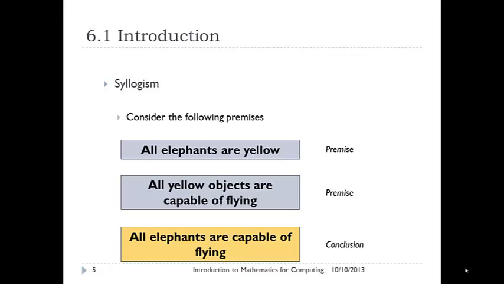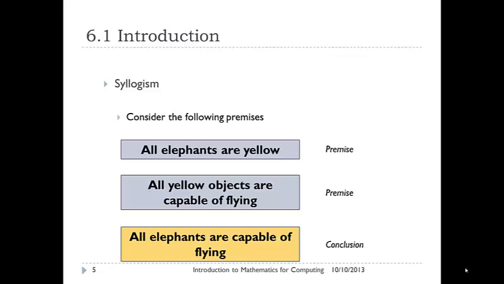So we're applying rules of logic to the premises and coming up with a conclusion then. So logically this argument is sound based on the premises. Now, it is a question that can be argued, well, all elephants are not yellow, and all yellow objects are not capable of flying.